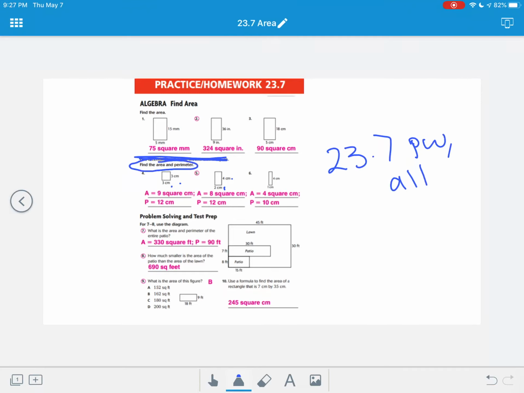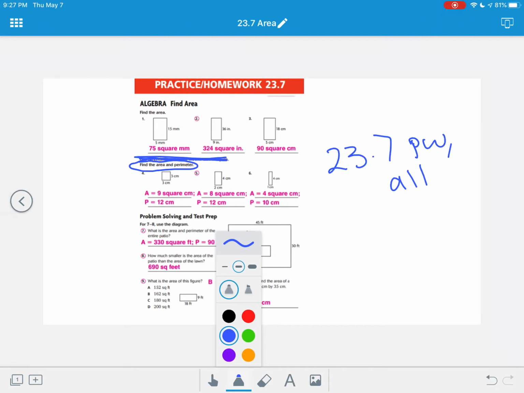But I do want to make sure you understand that it's asking you to find the area and perimeter. So please make sure that you find both. Remember, area is the area inside the figure, the total surface area, and the perimeter is the distance outside the figure.